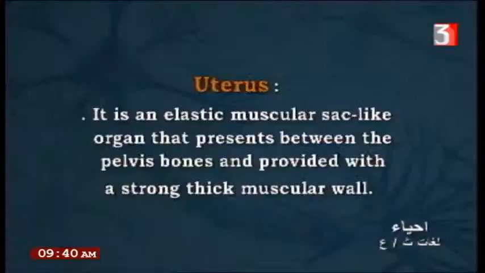The uterus joins with the pelvic region by ligaments, which enable this organ to expand and contract easily during pregnancy. It is an elastic muscular sac present between the pelvic bones and provided with a strong, thick muscular wall.